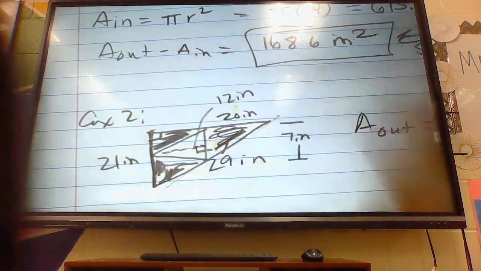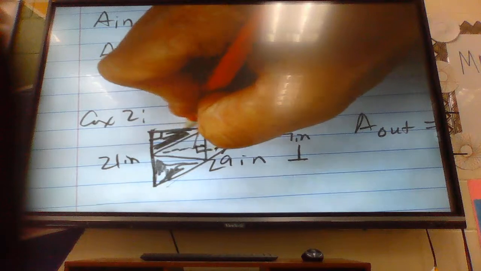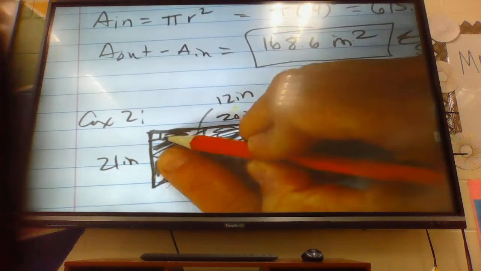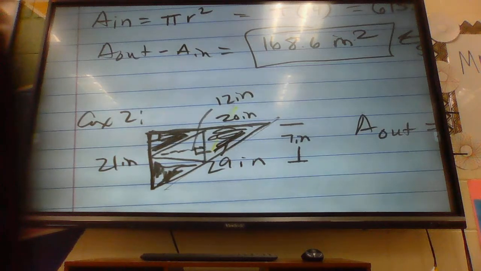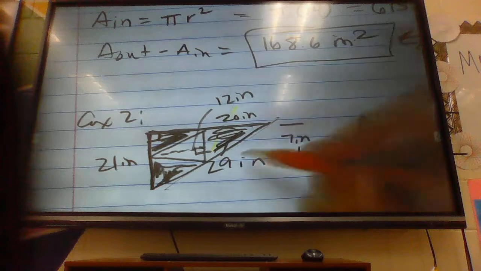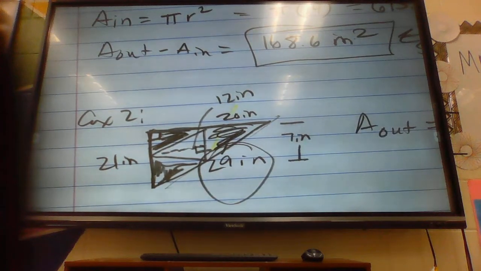Base, he's right about 21, but it's going to be 20 is my height. Look at this little thing right here. That's a right angle. That's showing you where the base is and where the height is. This number's just given to you to throw you off. It's giving you all three sides of that big triangle.